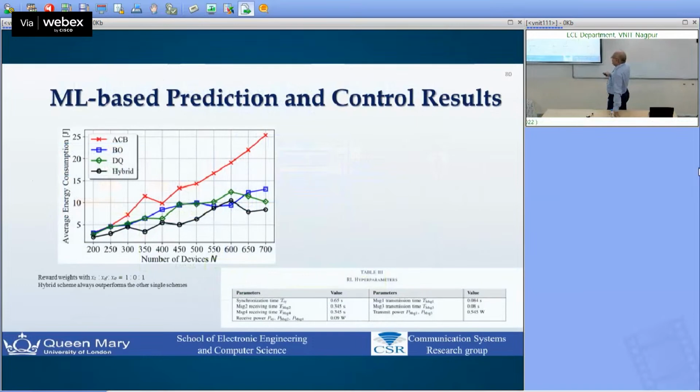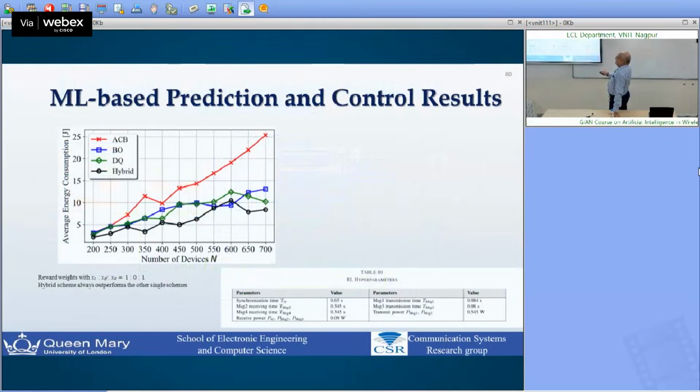So these are the parameters in the 3GPP standard. In the 3GPP standard, the time values are given. The power value for each one is 0.0 watt, 9 watts, this power 0.545. All are from experiments in the 3GPP report. Now we found that when we take the ACB scheme, energy consumption is higher.